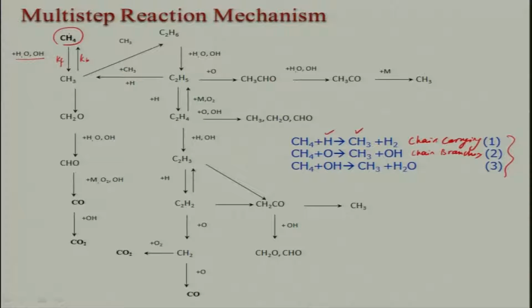And CH3 reacting with CH3 gets into C2H6, and C2H6 can be converted into C2H5, and C2H5 into C2H4. It can get into C2H3, reacting with H and OH. It can get into C2H2, it can get into CH2, and then from this, reacting further, get to the product oxygen. This is one route.